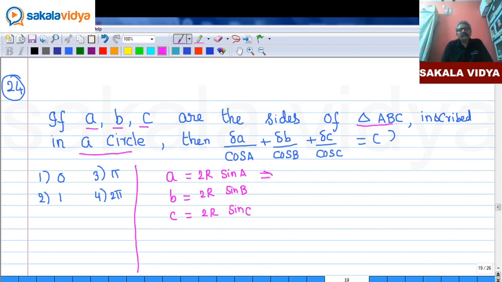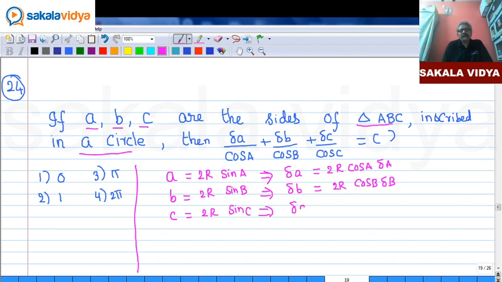Finding the differentials with respect to capital A, delta a equals 2r cos A delta A, since the differential of sin A is cos A delta A. Similarly, delta b equals 2r cos B delta B, with 2r constant.